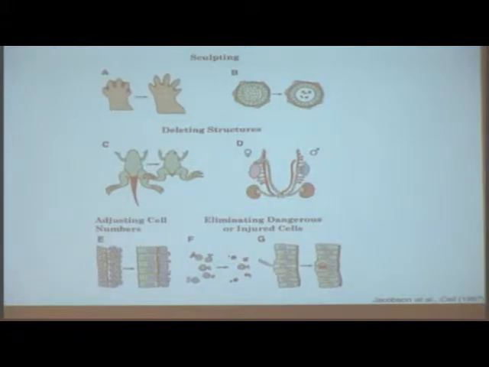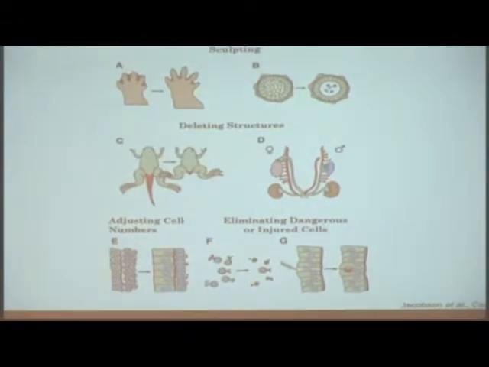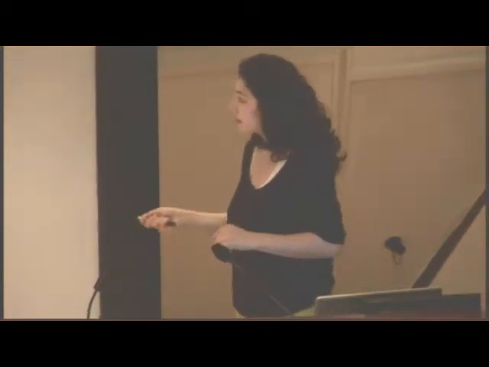Also, cell death is used, similarly, for sculpting. So, for example, if you have a mass of cells, the cells in the inside of this ball will die to create a cavity. So, for example, during mouse embryo development, you have a cavity formed to allow the embryo to develop.